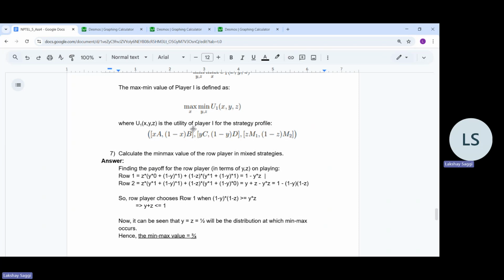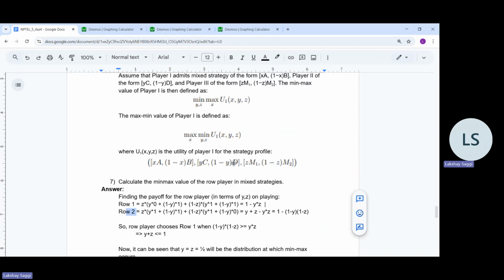Earlier we found the payoff for the row player when he played row 1 and row 2 in terms of y and z. But now what we want is to find the values for y and z in terms of x. So first an x is chosen and then y and z are chosen.